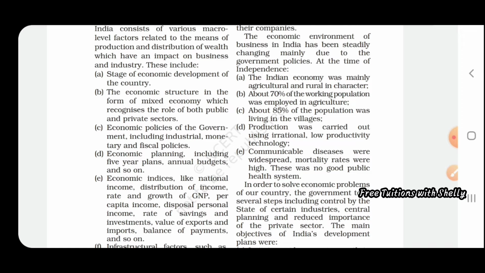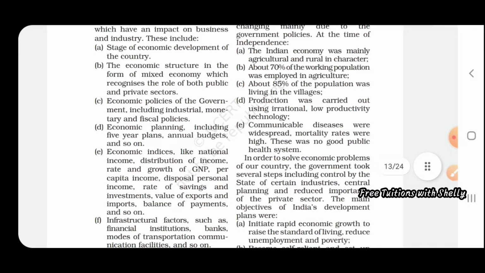So all this was the condition at the time of independence, but now it has changed, because many years have passed, right? Now the system has almost drastically changed, and this kind of situation doesn't exist in our country. This was the situation prevailing at the time of independence.